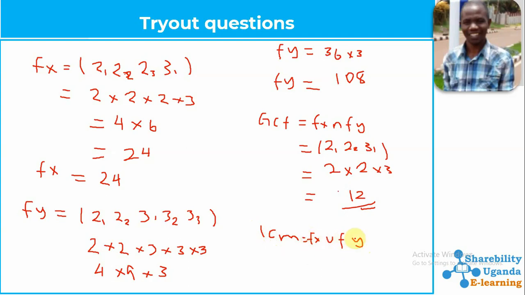When you say f of x union f of y, we are simply meaning both sets, both the factors of x and the factors of y, which are going to be equal to our 2^1, 2^2, then 2^3, then we have a 3^1, a 3^2, then our 3^3.